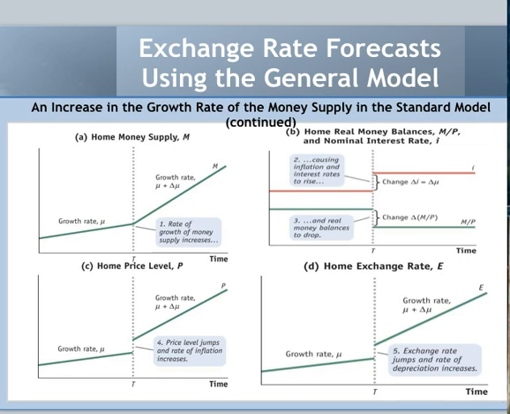And in this case, because the growth rate is increasing, we would get a steeper slope. So M, the green line here, represents the money supply, and we can see that the rate of growth of the money supply suddenly increases at time t, represented by the steeper graph. So what's the impact on money balances?